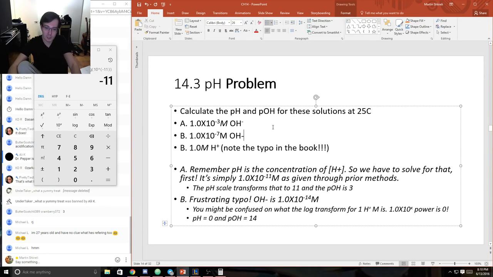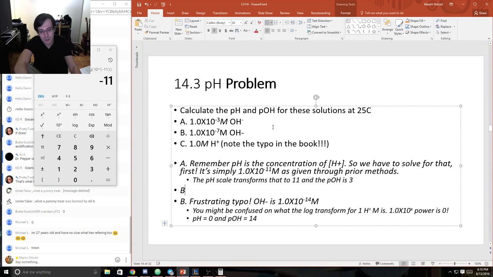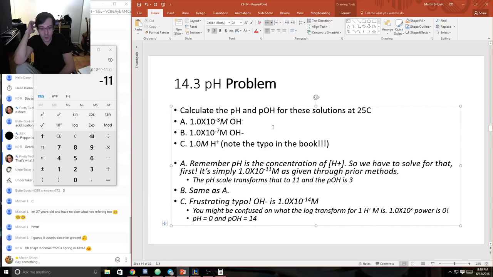So C is what we're dealing with where there's this typo. I just want to make sure the book corresponds correctly. So C is where there's a typo. So here 1.0 molar protons, they want us to find out what is the pH and the pOH.